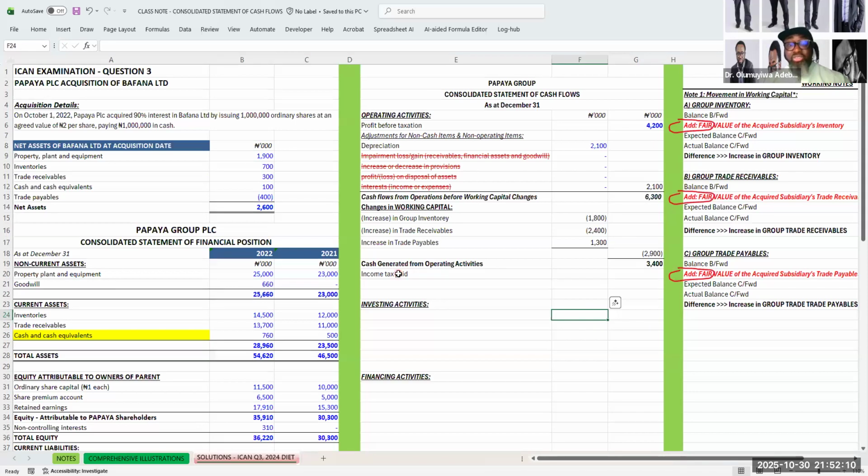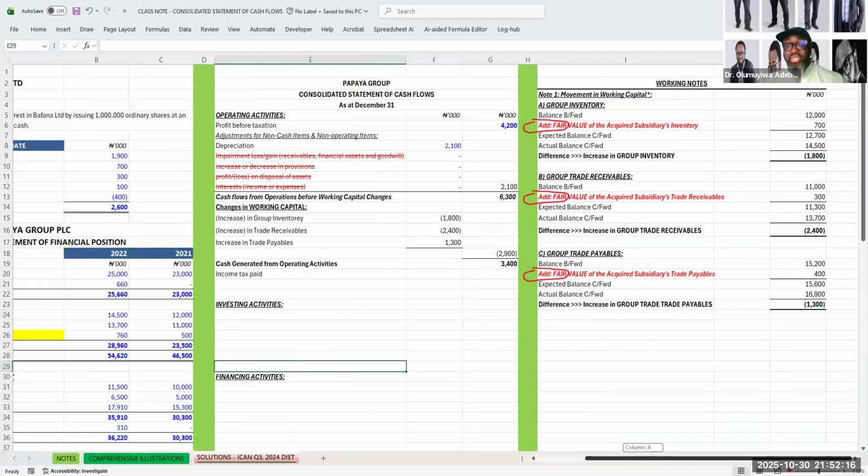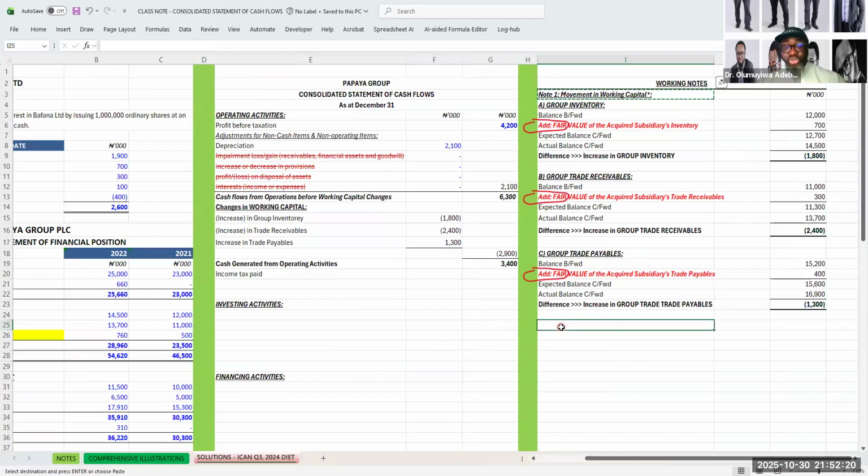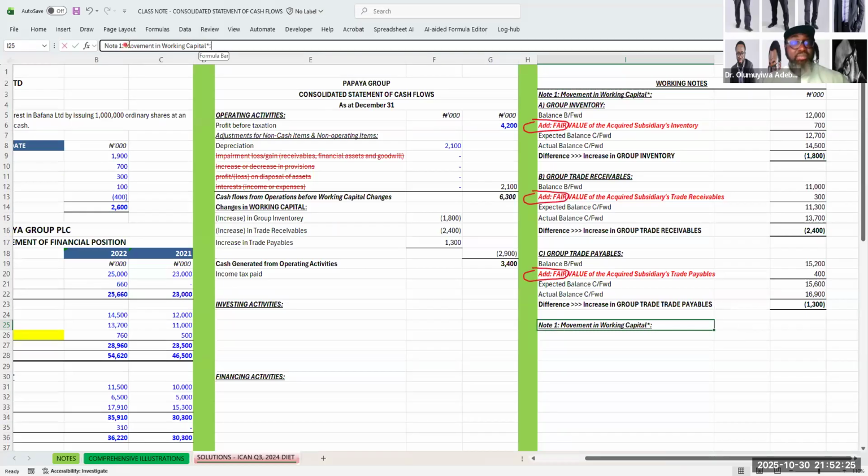Now, the next order for me is to determine my tax paid. Therefore, the question is, what is my tax paid? I'll come here and have my note 2, which means we want to determine income tax paid in the year.